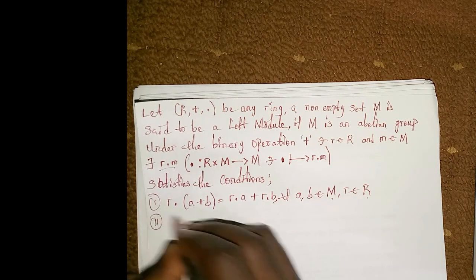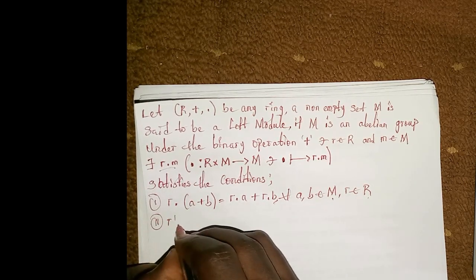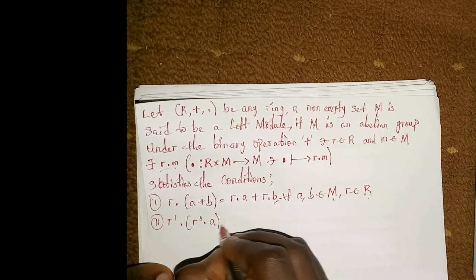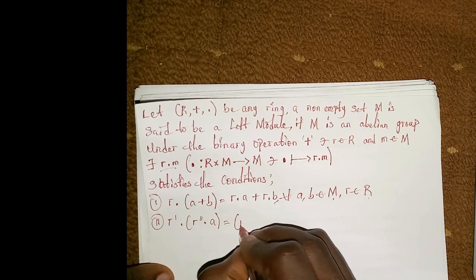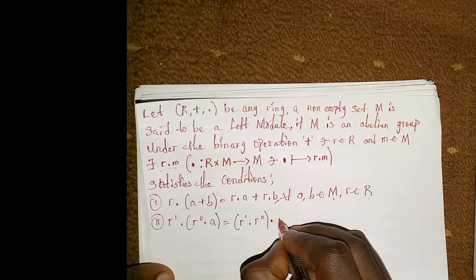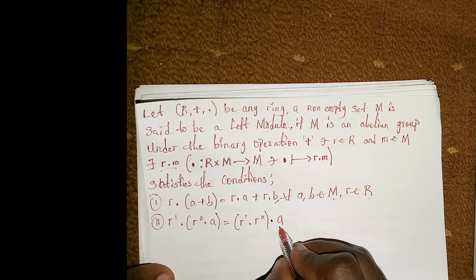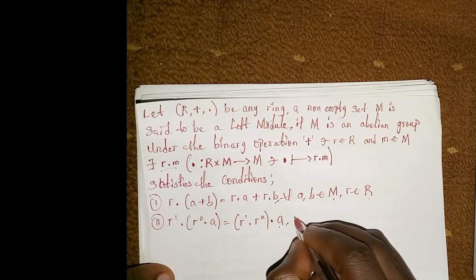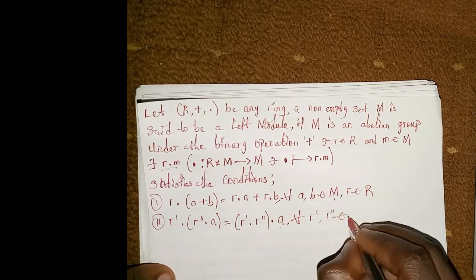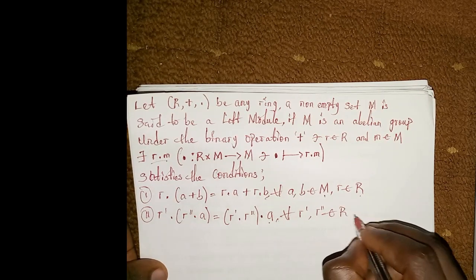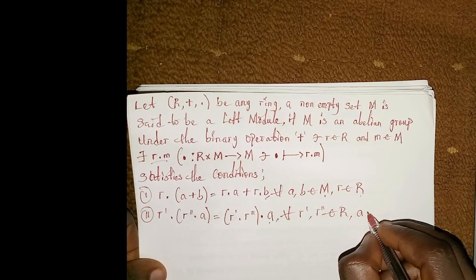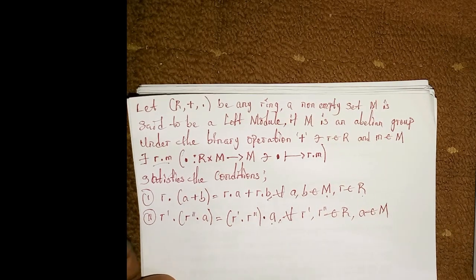Now the second condition goes as follows, that r prime dot (r double prime dot a) is equal to (r prime dot r double prime) dot a, where a is coming from our abelian group, for all r prime, r double prime contained in the ring, and our a, remember, is coming from the abelian group M.